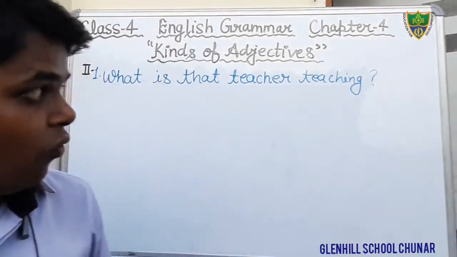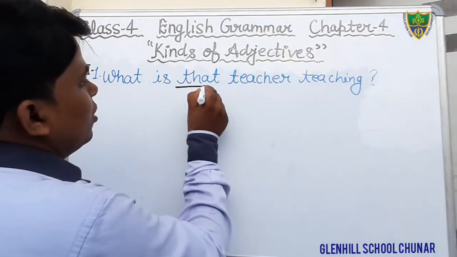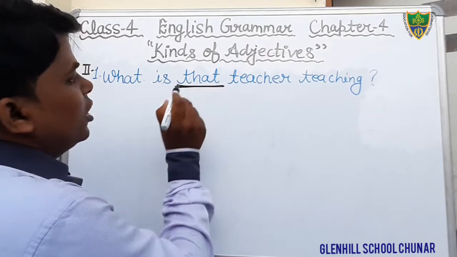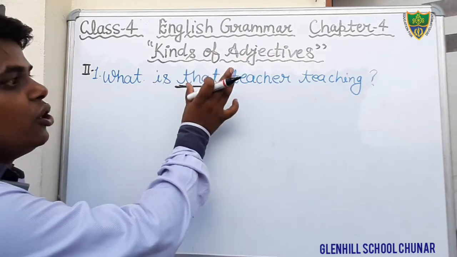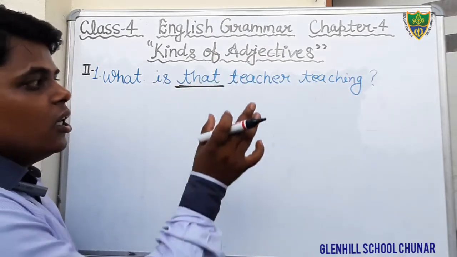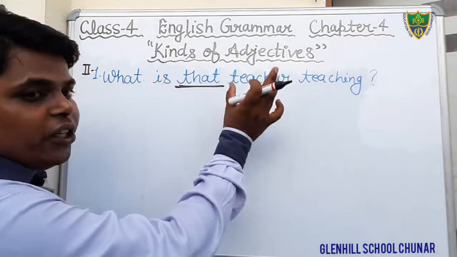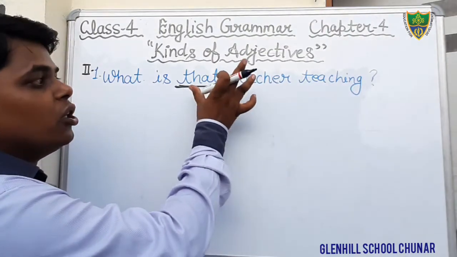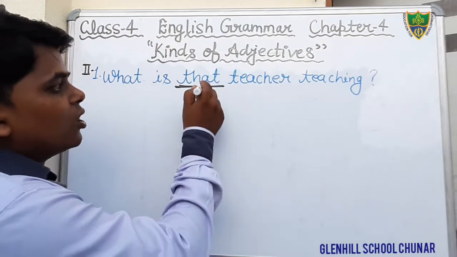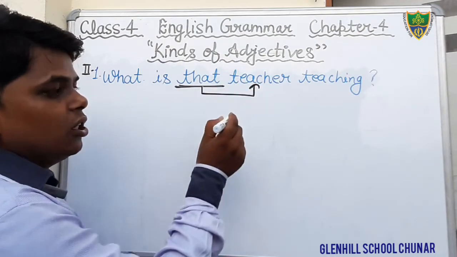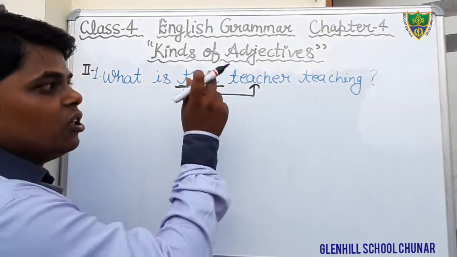Here the word that is a demonstrative adjective because it is used with the noun teacher, to show the teacher. The word that indicates the teacher, denotes the teacher, points out the teacher.